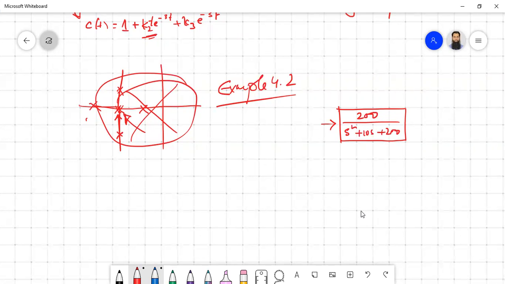So what type of response are you expecting from this system? This is what you have to figure out. Is it difficult? I don't think it is difficult.